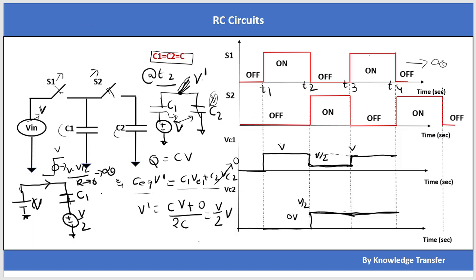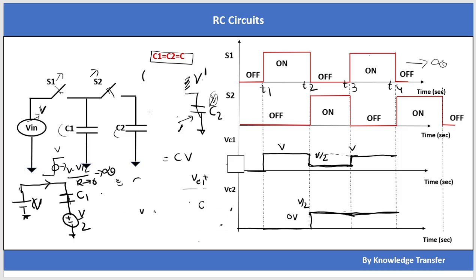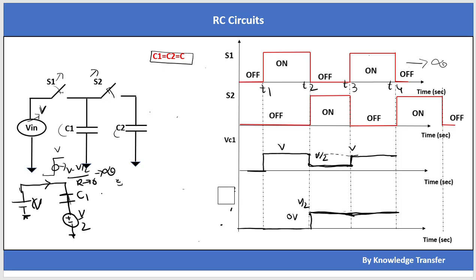Now let's see what's happening at t equal to T4. At T4, S1 is open and S2 is closed, but C1 now has charged to V volt, and C2 initially has a charge of V by 2.